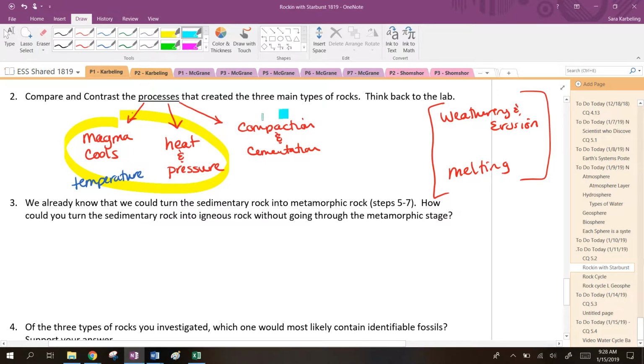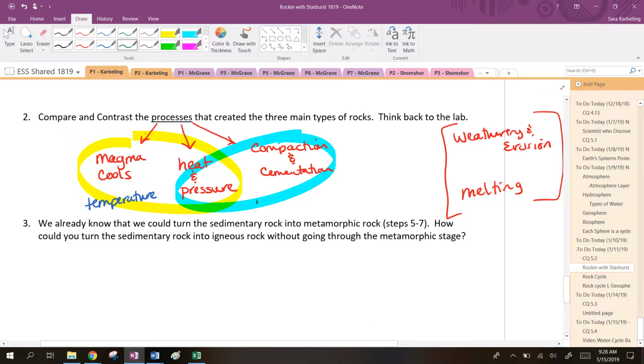These two both have to do with some sort of pressure being applied. Yep. And is that a similarity or a difference in that way? Similarity? All right. I'm going to move on and leave that there.